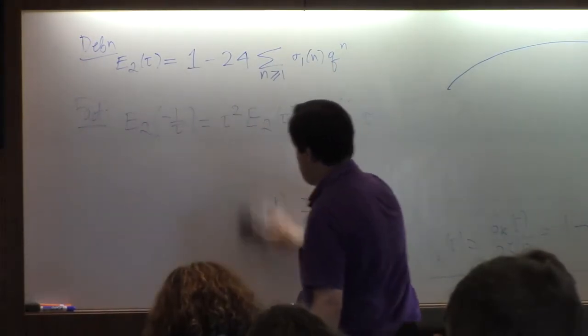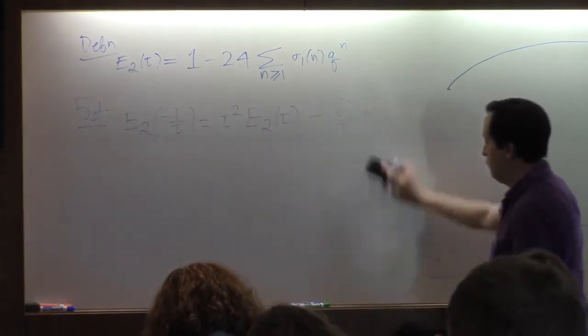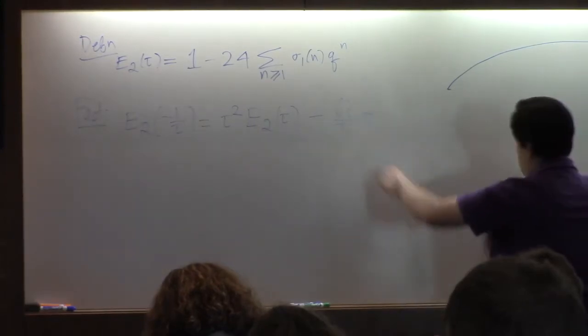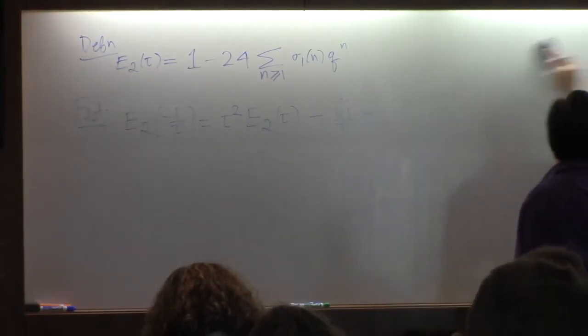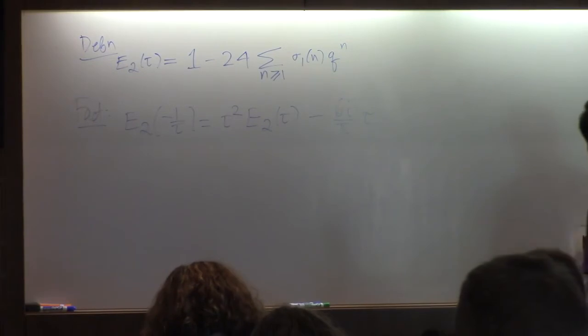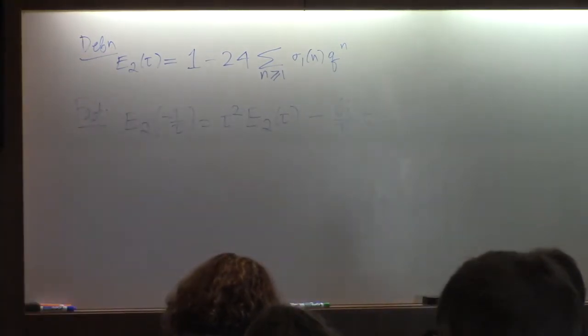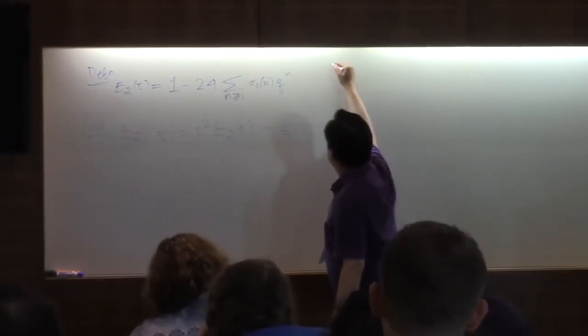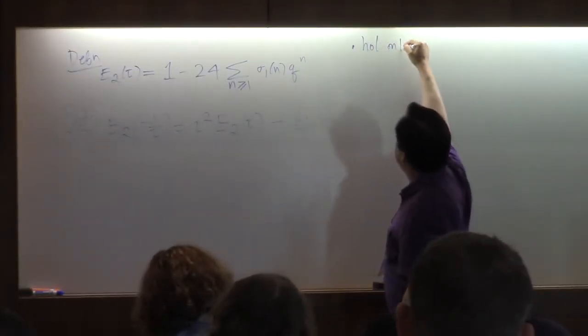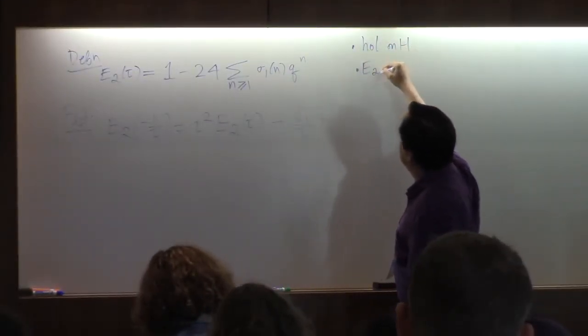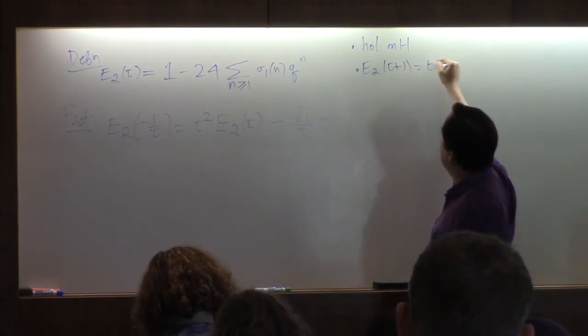And so let's explore this function. It's not a modular form because it doesn't fit the condition. Nevertheless, it's useful. I said before, this is holomorphic on H. It's invariant when tau goes to tau plus 1.